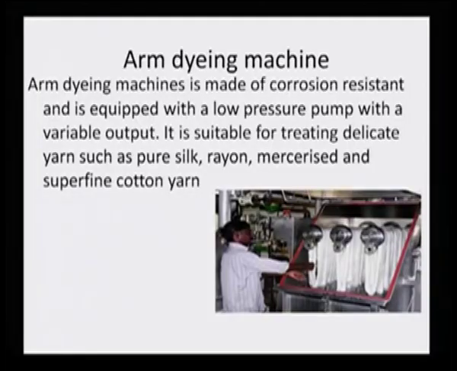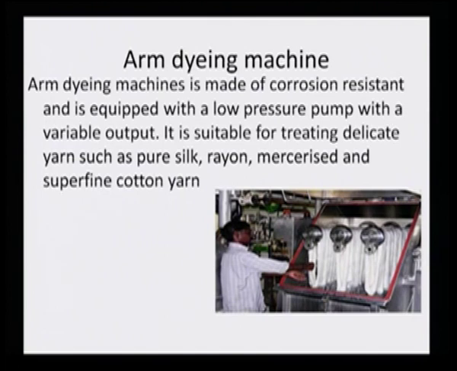Coming to arm dyeing machine. Arm dyeing machine is made up of corrosion resistant material and is equipped with a low pressure pump with a variable output. It is suitable for treating delicate yarns such as pure silk. You see, now here it is only meant for the yarn, whether it is pure silk or rayon or mercerized or superfine cotton yarn.